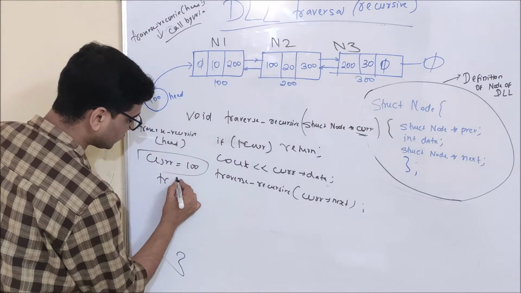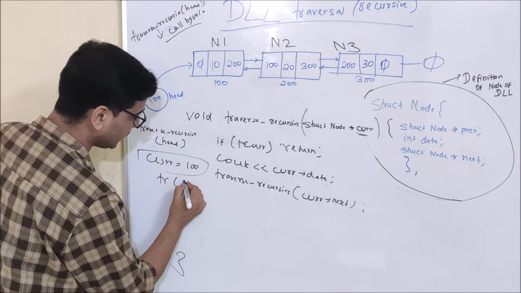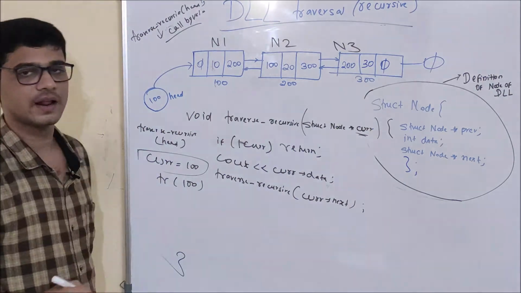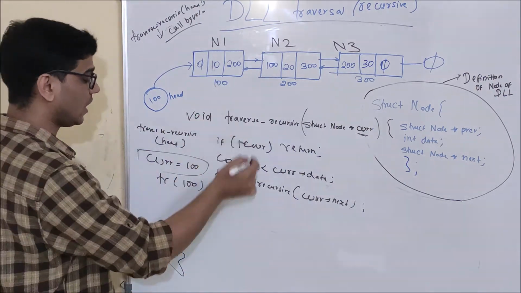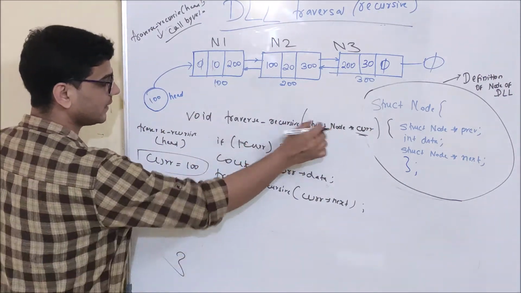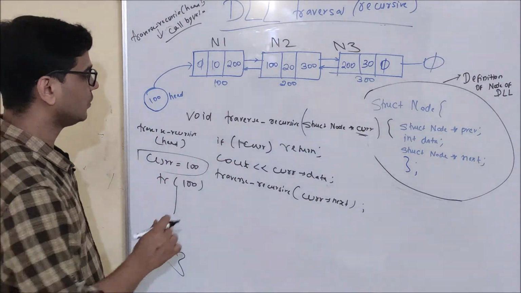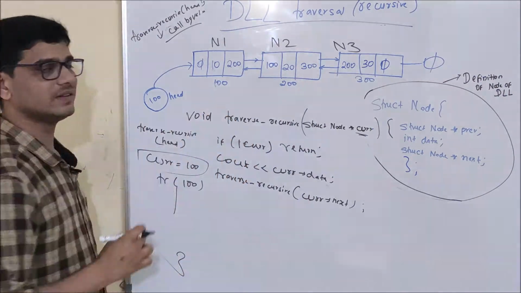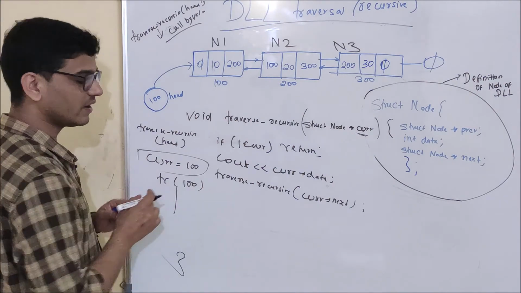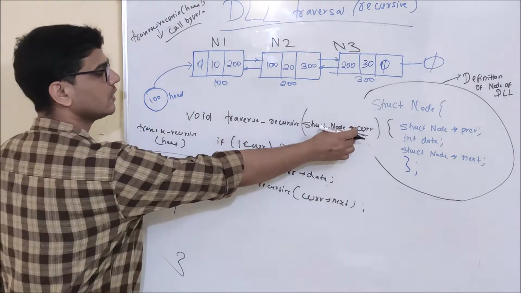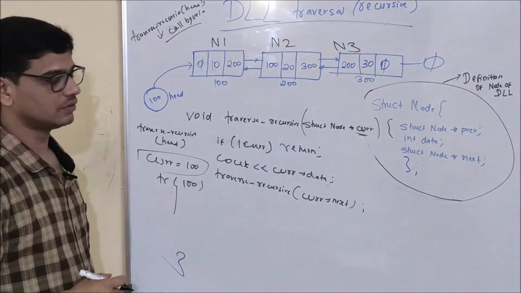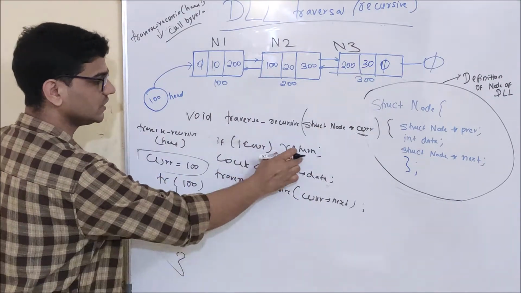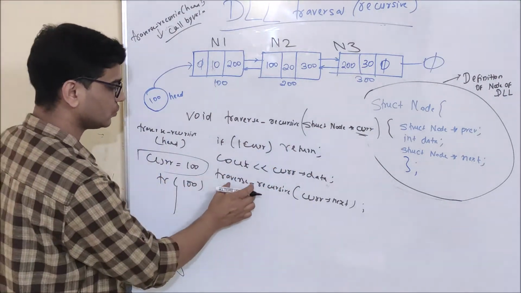So when traverse recursive head will be called, you can consider it a traverse recursive 100. That is, our current will be equal to 100. And first of all, what we are going to check, whether our current is null or not. So as you can see here, current is 100 because we are copying value of head in current. Okay, current is 100, so this line will be false. We will execute these two lines.